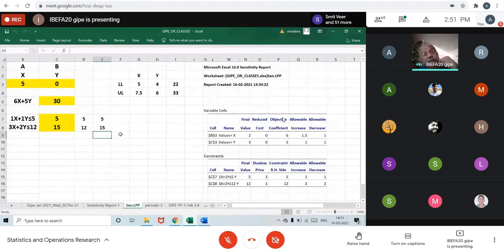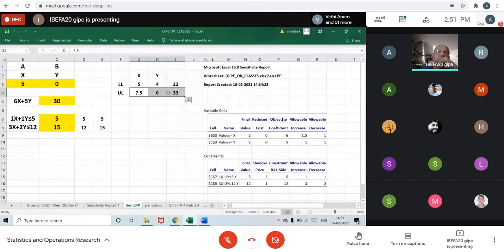So what do you prefer? Do you prefer to change the profit value for the biscuit, or will you change the resources? Profit you cannot increase as you like, because there is high competition in the market. 6 and 5 rupees is the current one.